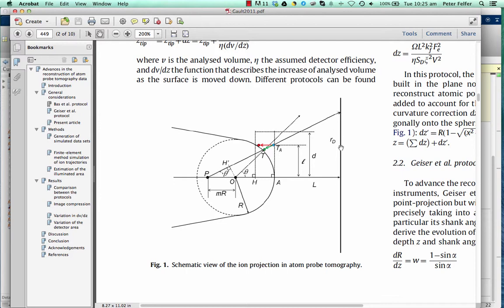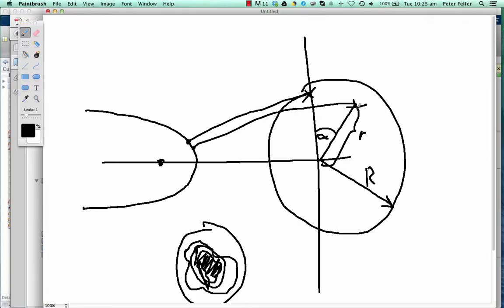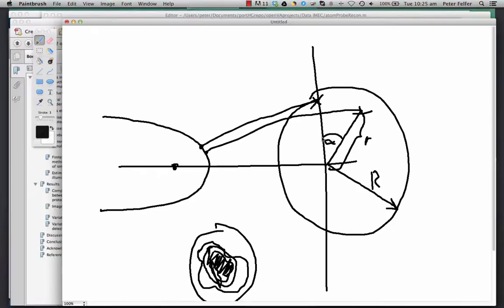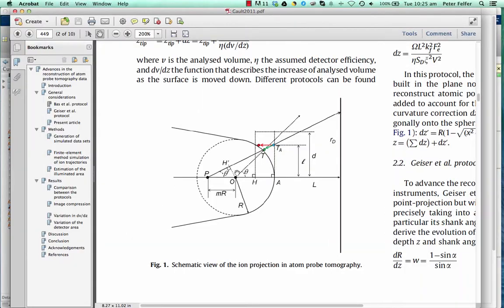So this is the hit radius that we've calculated before. So it's this radius here, and the other part of the triangle is this length here. And of course, this length here is very small. It's some nanometers, whereas L here is about 100 millimeters in this case.